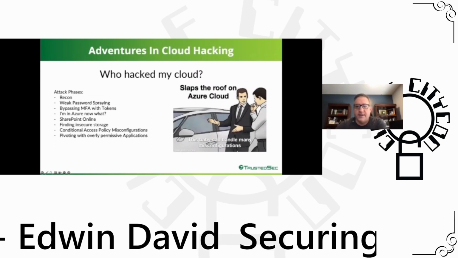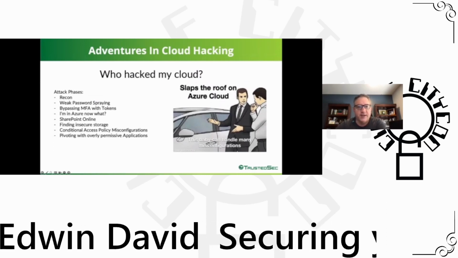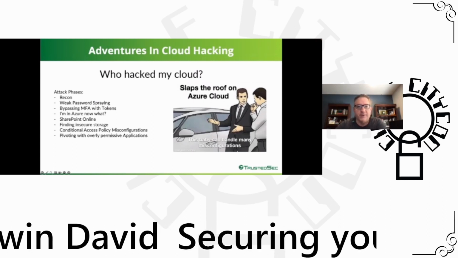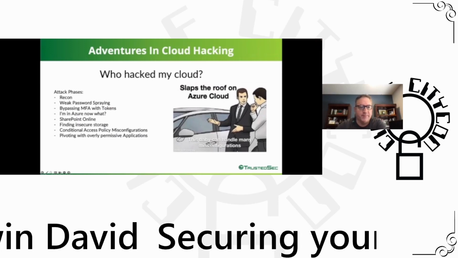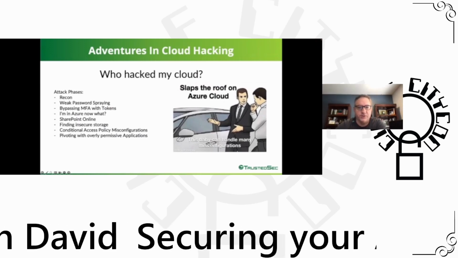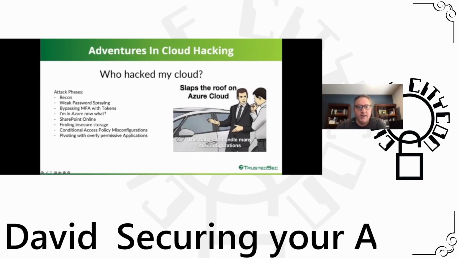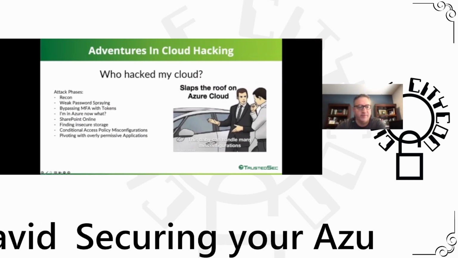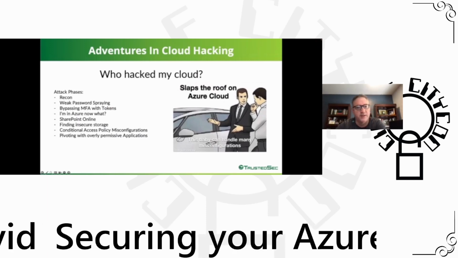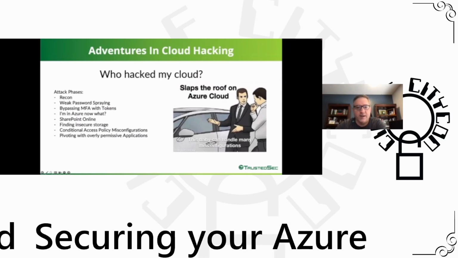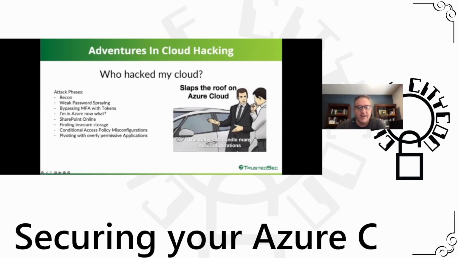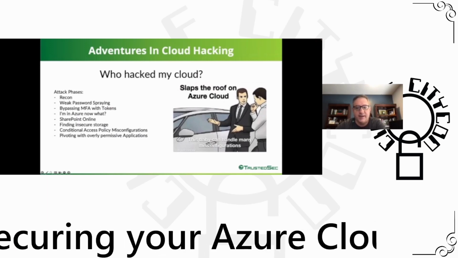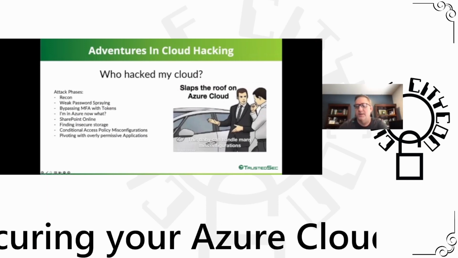We're going to be going through several different attack phases, everything from recon, password spraying, how MFA can typically be bypassed once you do land in Azure. What are some of the pivot points of where you need to go next to get some type of privilege escalation in the environment. And then we'll move on to other things like mixed IAM privileges, finding insecure Azure storage, and pivoting further from there.